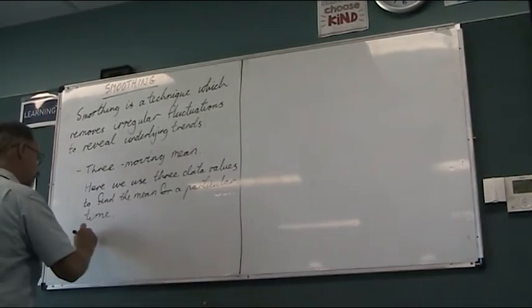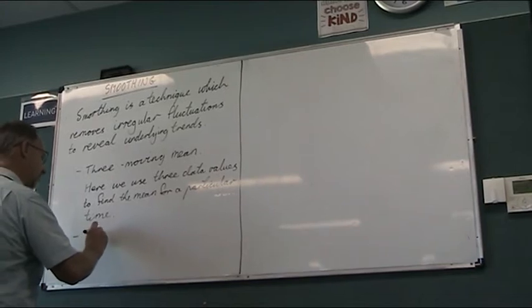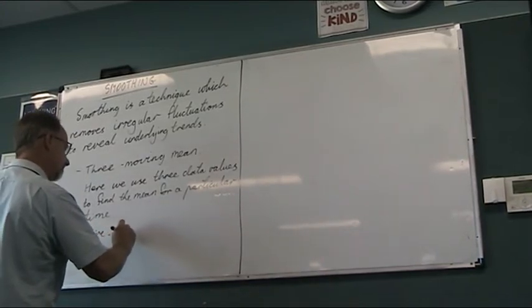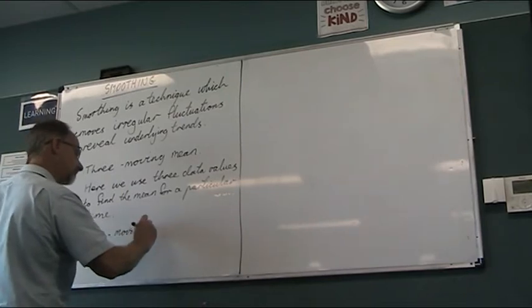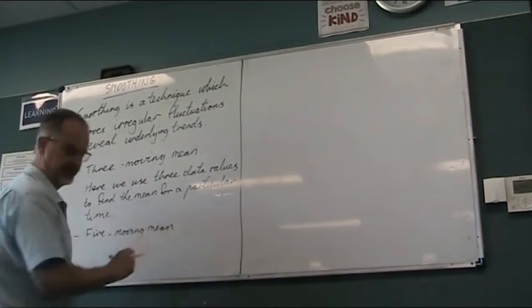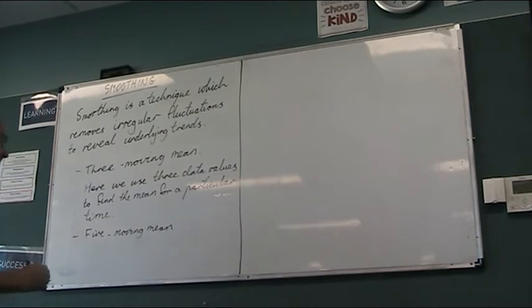Another variation on this is what we call a 5 moving mean. And for the 5 moving mean, we use 5 numbers, or 5 values.